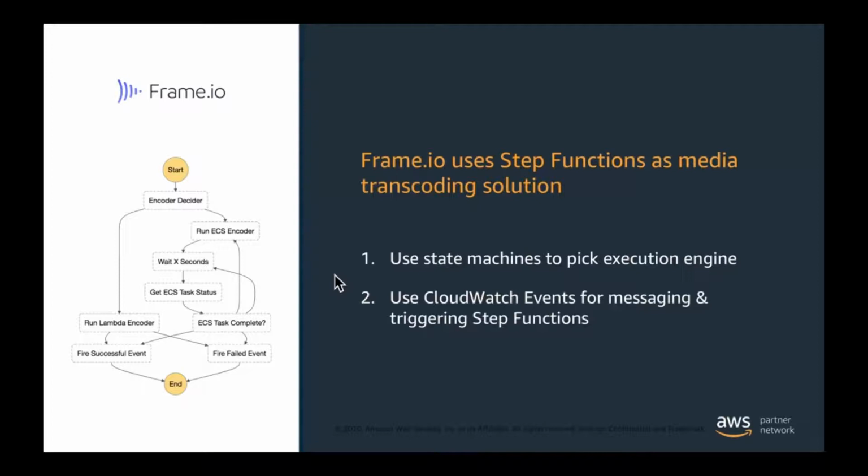At the start of the workflow, there's an encoder decider, and it will analyze the transcoding work that needs to be done, and then based on certain criteria, it will either select Lambda or ECS to run this work. So customers use Step Functions for compute arbitration, selecting where a workload will be run, and then wrapping the error handling around it.